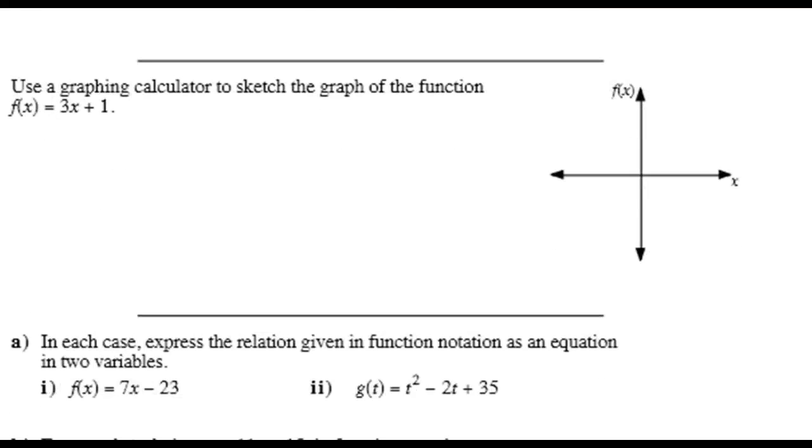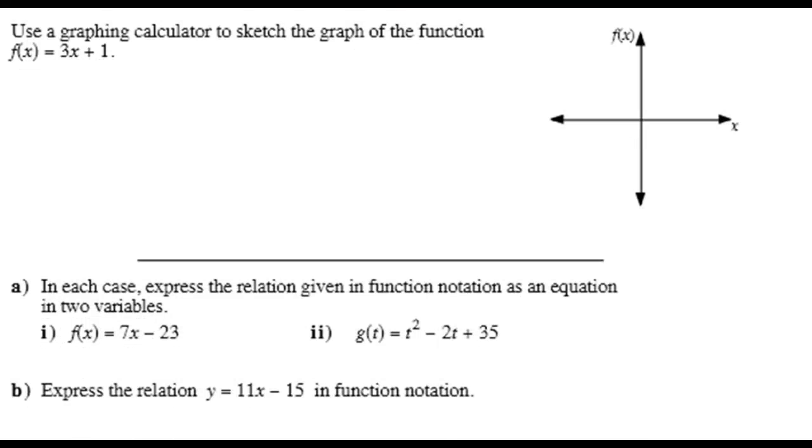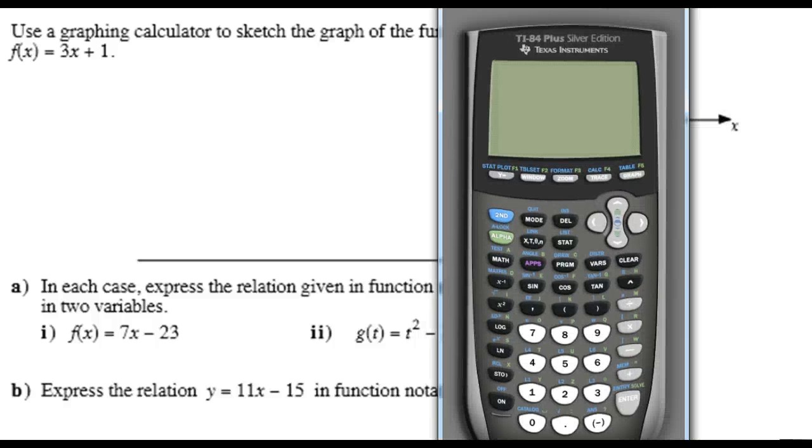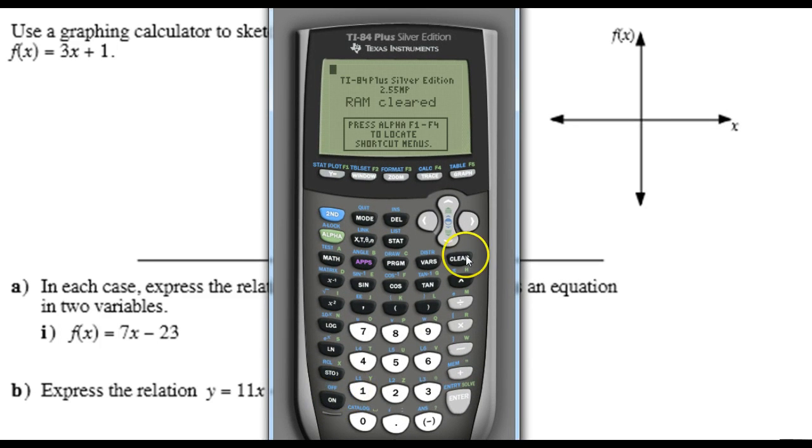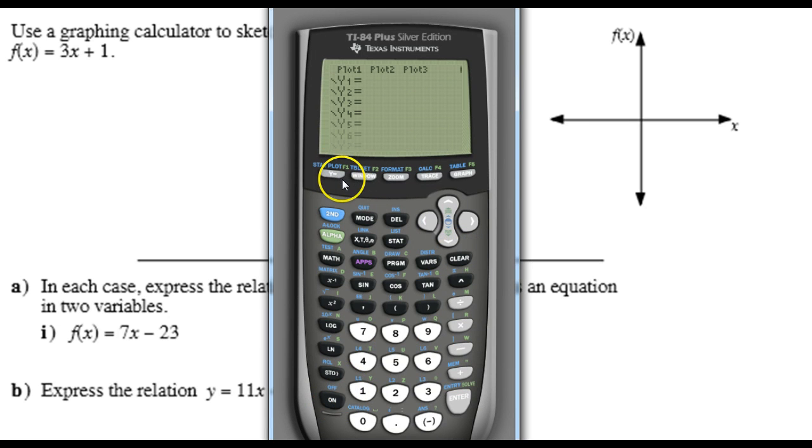Use the graphing calculator to sketch the graph of the function f at x equals 3x plus 1. It's going to be the same thing you're already used to. Get your calculator on, go to y equals, punch in 3x plus 1 and hit graph. Hopefully my window is reset, and there we go.